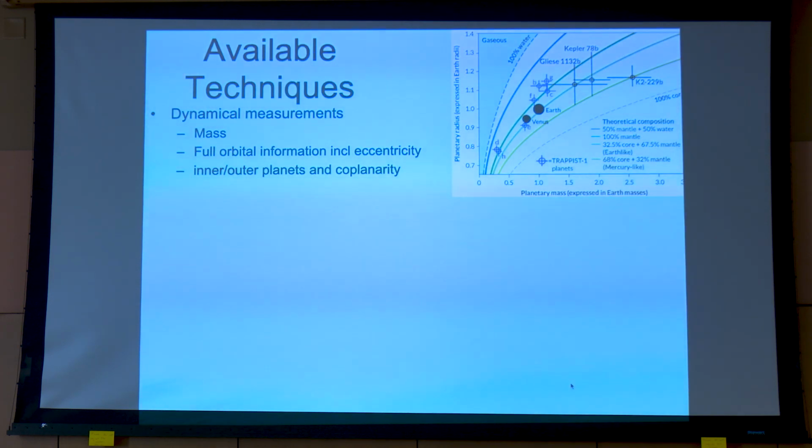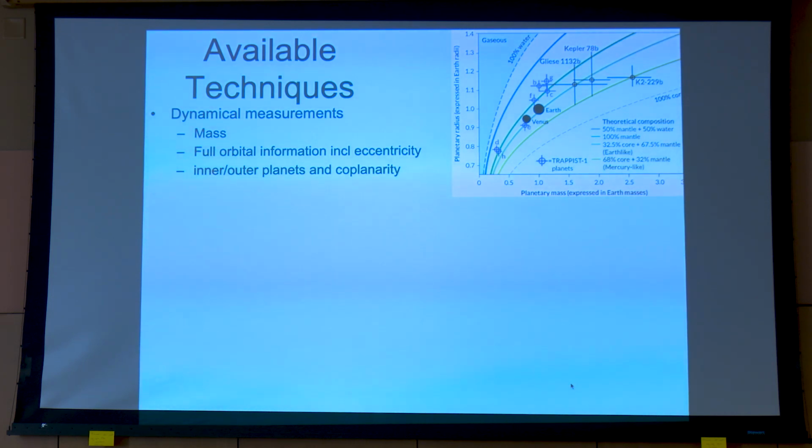So what are the techniques that we use? Well, certainly dynamical measurements are really critical. You want to get the mass of a planet, and then you'd like to be able to combine that mass with a radius and figure out a bulk composition.